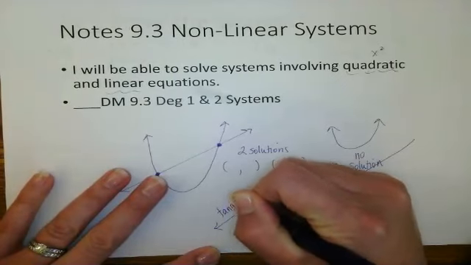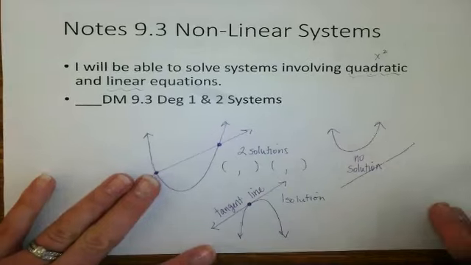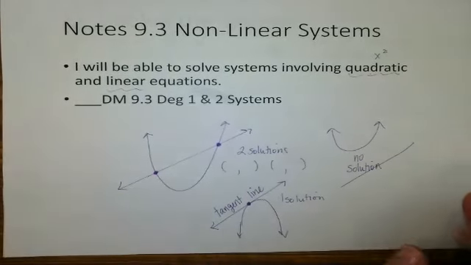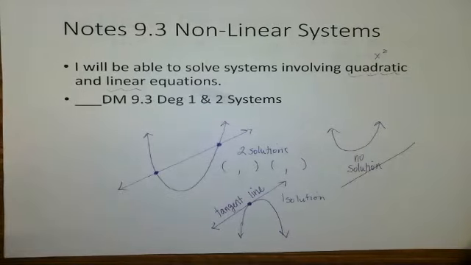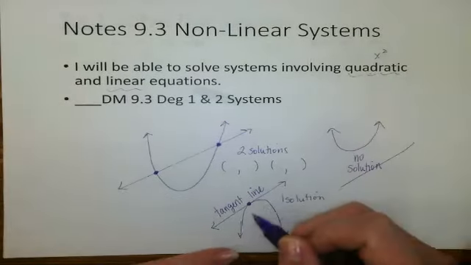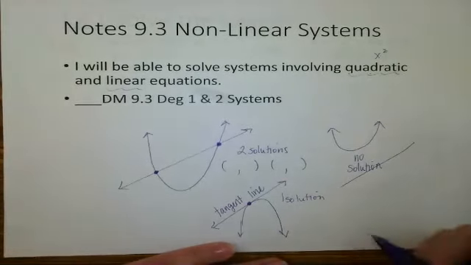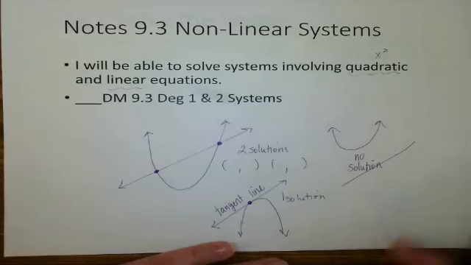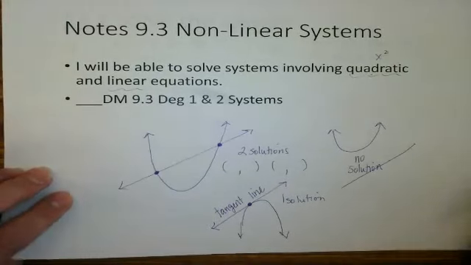Tangent, you might remember that word from trigonometry, right? Sine, cosine, tangent. But tangent literally means touching. And so you can see that our tangent line is just touching that parabola in one spot. So there's one ordered pair solution there, one solution for x and y.